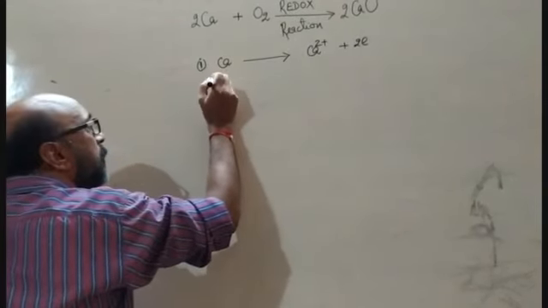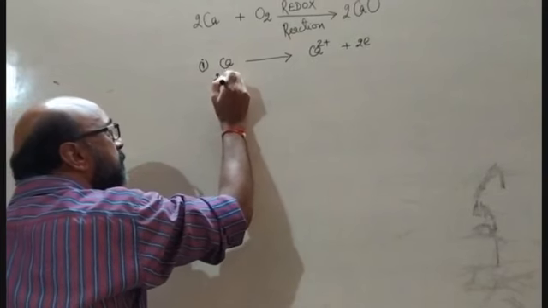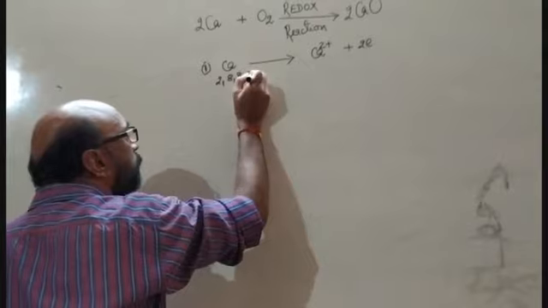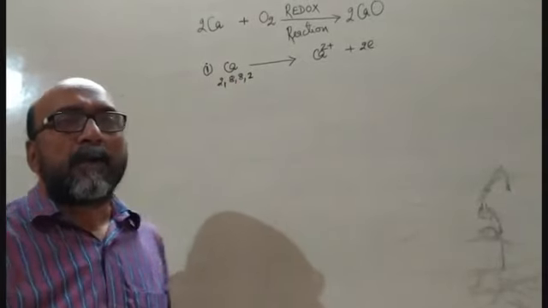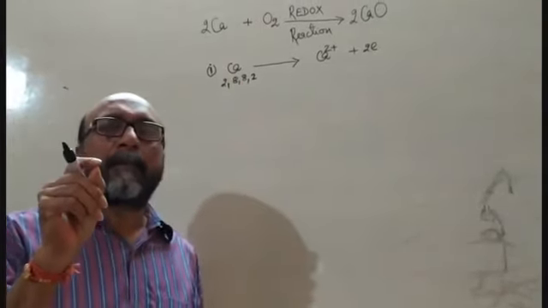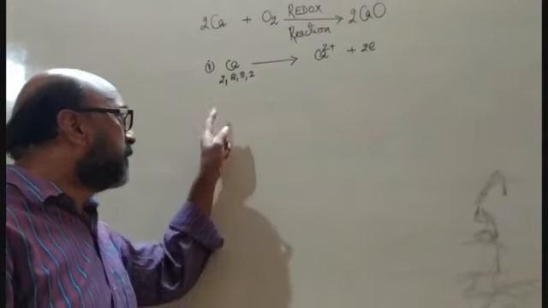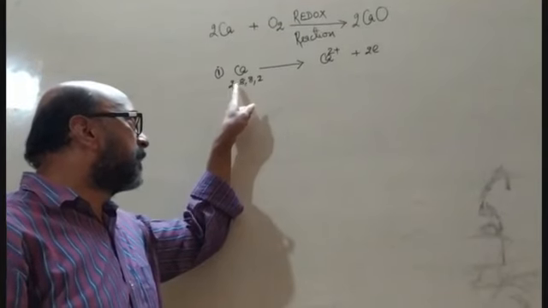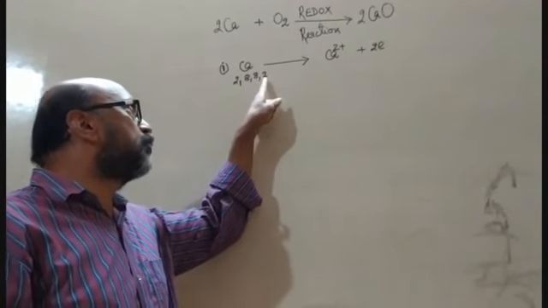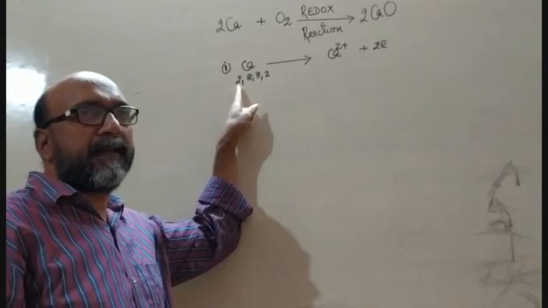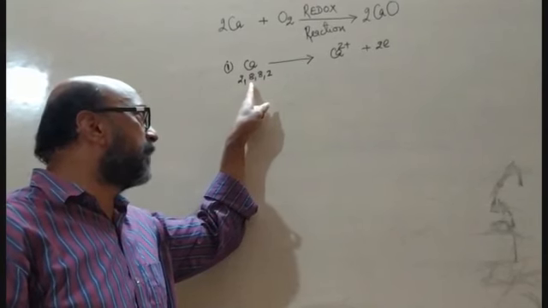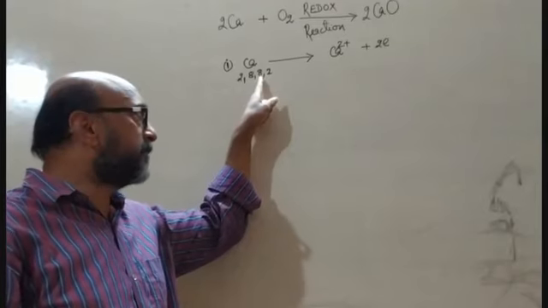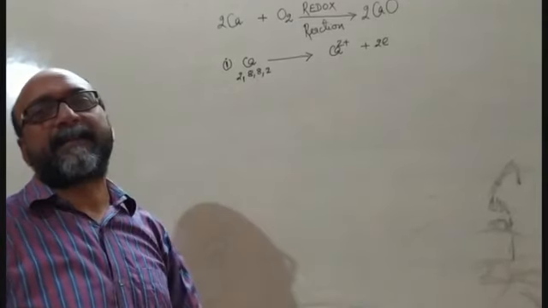As you know, the atomic number of calcium is 20, and if you write the electronic configuration of calcium shell-wise, you find 2, 8, 8, 2, meaning 2 electrons in K shell, 8 electrons in L shell, 8 electrons in M shell, and 2 electrons in N shell, the 4th shell.